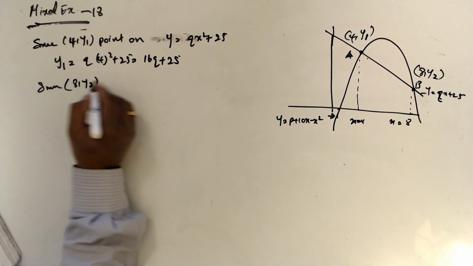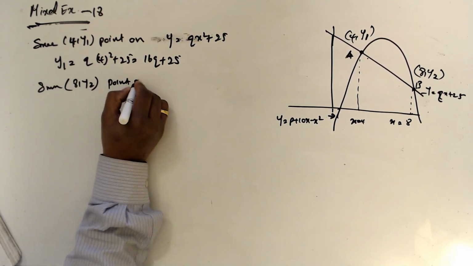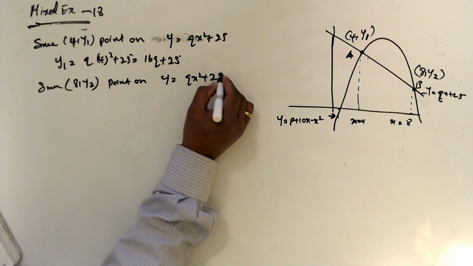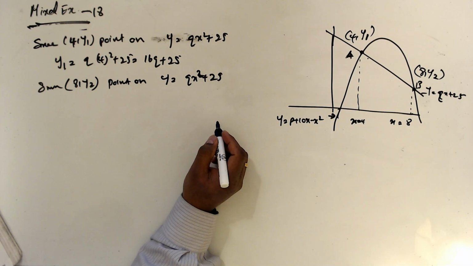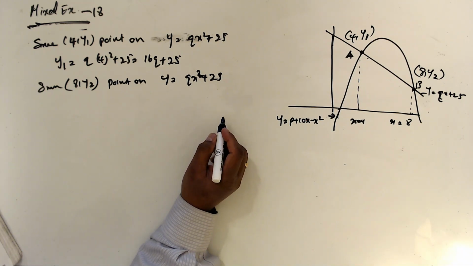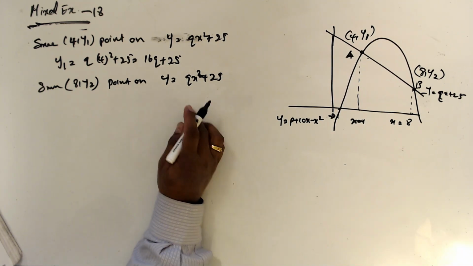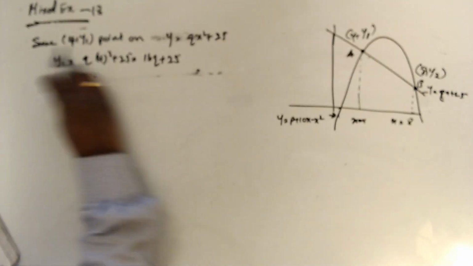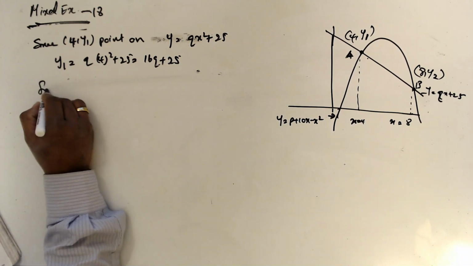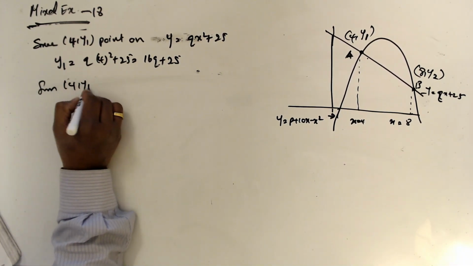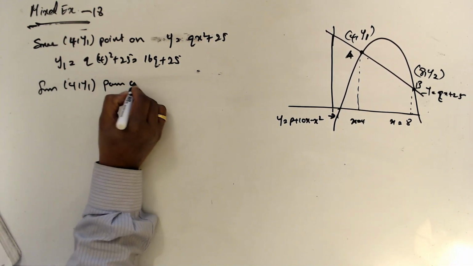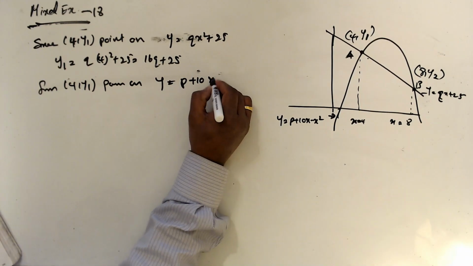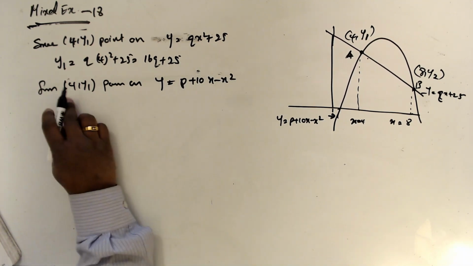Now we'll write, since 8, y2 point is on y equal qx square plus 25, we'll write the same point. Since 4, y1 point is on y equal p plus 10x minus x square, then this should satisfy.